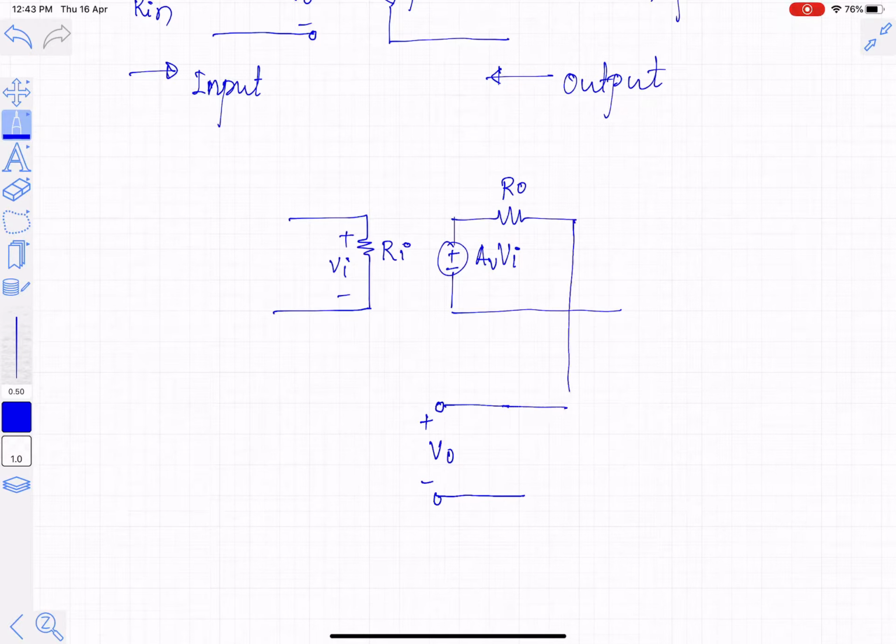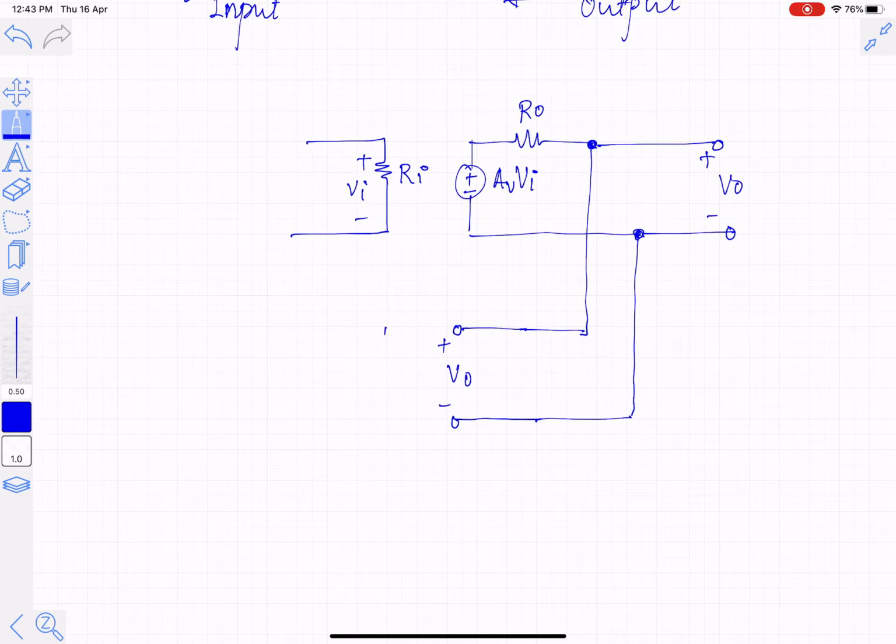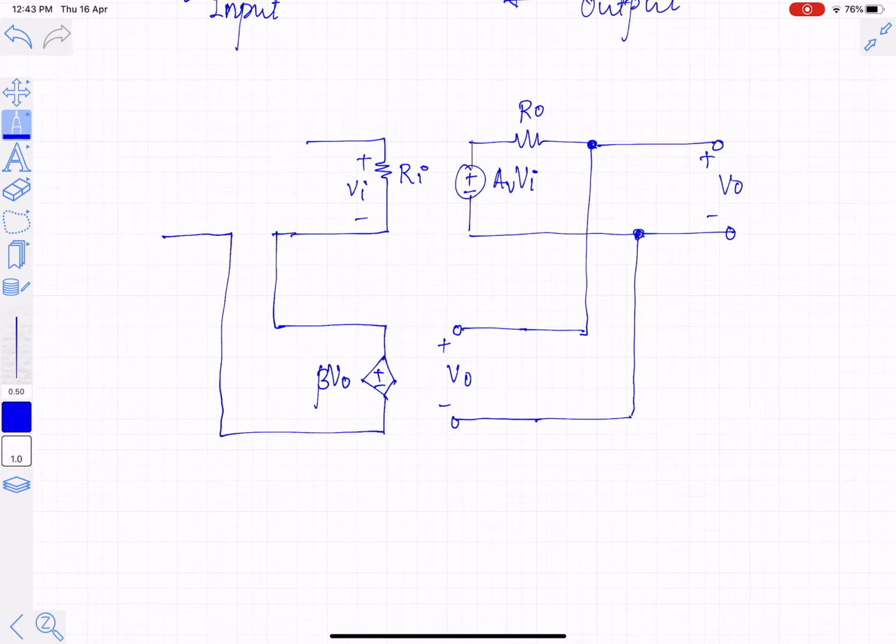This is connected in parallel with the output, so this is the output voltage VO, and we have beta into VO. The output side of the feedback network is connected in series with the input side of the feed-forward amplifier. So this is Vs, plus minus, and this voltage is Vf.